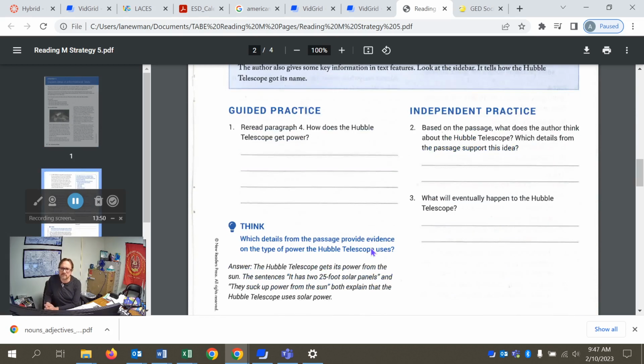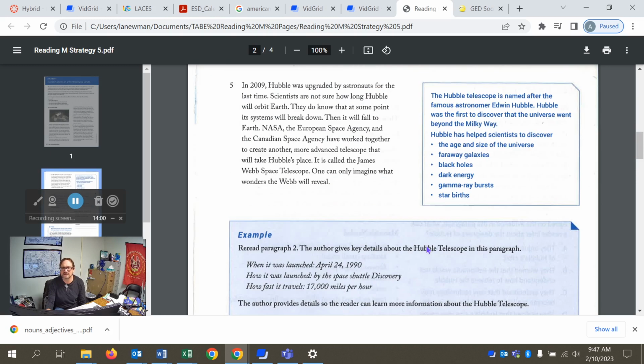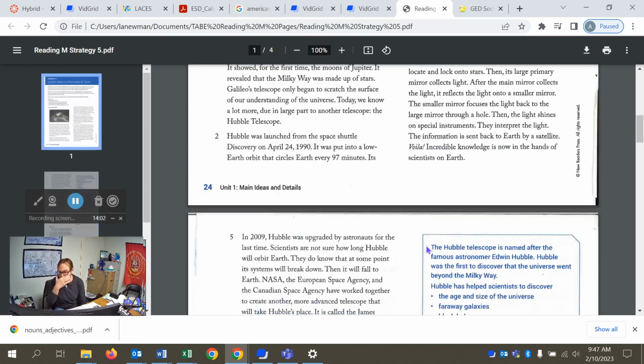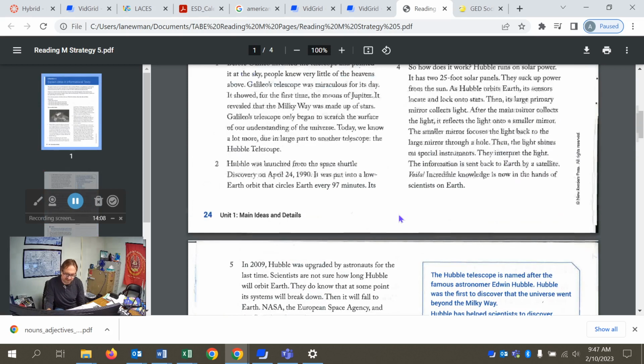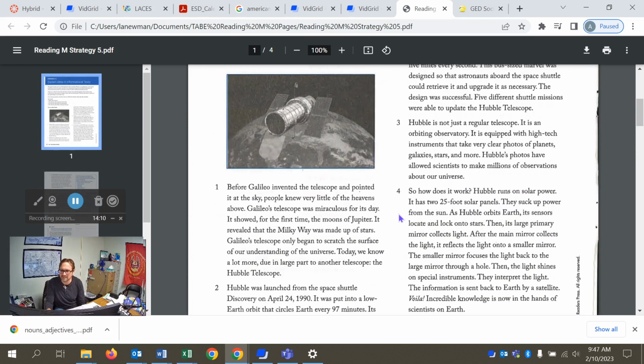All right, number 2, based on the passage, what does the author think about the Hubble telescope? Which details from the passage support this idea? And hopefully it's obvious that this author has a real favorable view of the telescope and admires the work that's been done. And in fact, I think it says at one point that the telescope has produced incredible knowledge, kind of that elevated language.